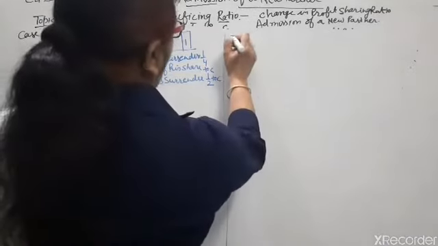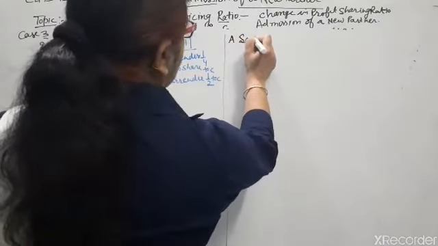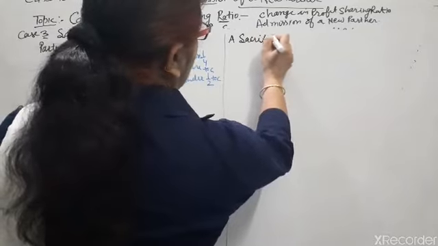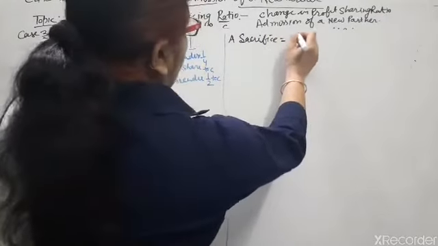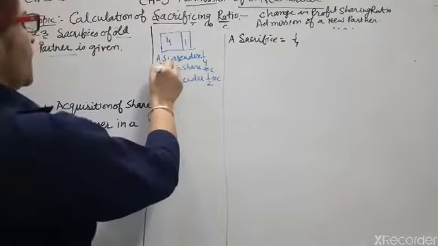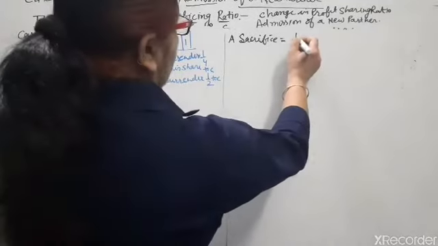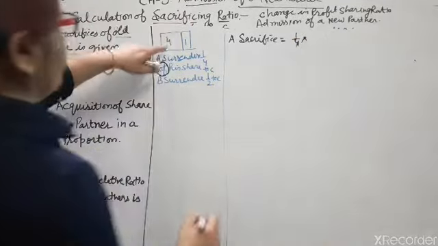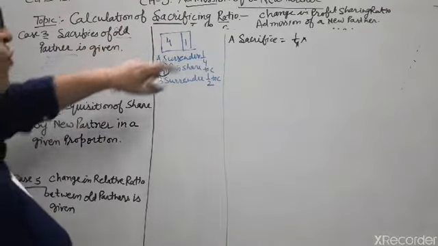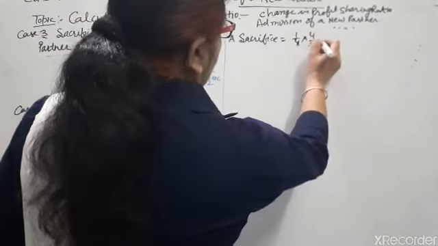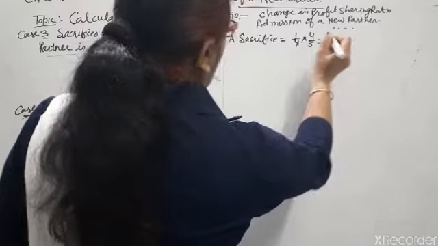So first of all, we calculate A's sacrifice, which is equal to 1 by 4 of his share. Of means multiply: 1 by 4 multiplied by A's share 4 by 5. That means 4 by 20.